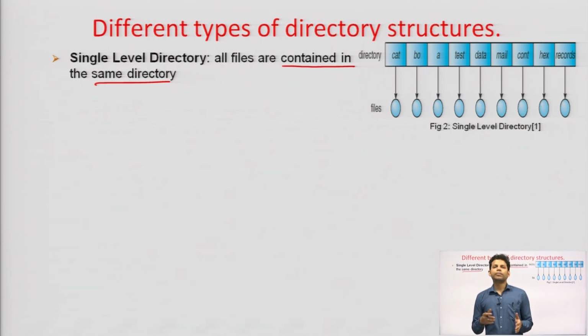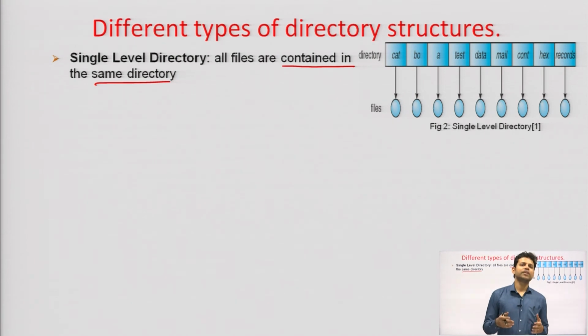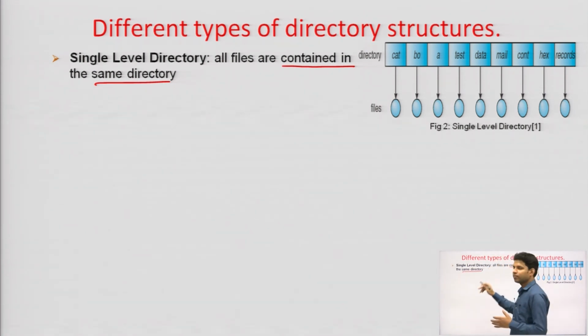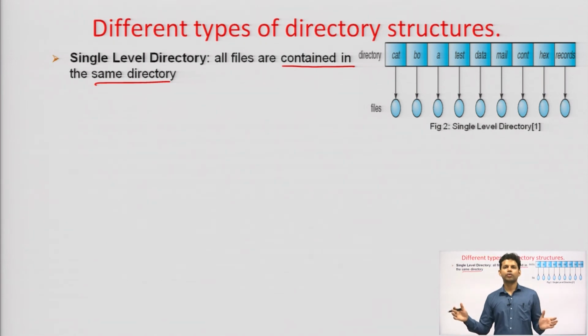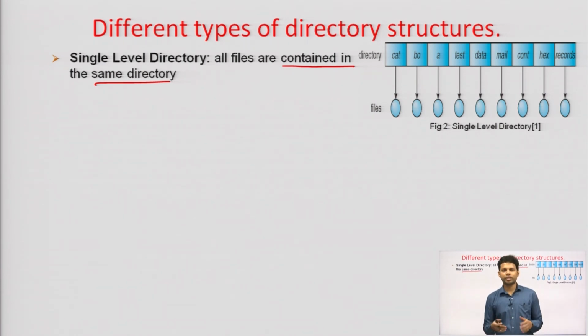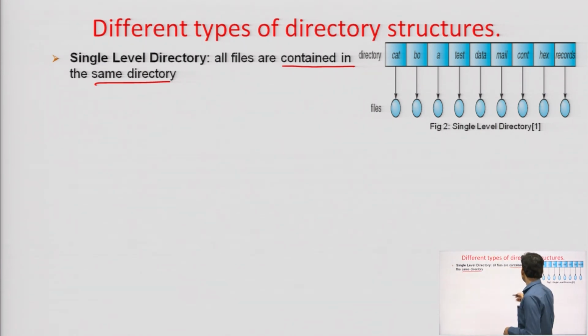It might be possible that 20 students have named their file test, and 10 students have named their file assign or assignment 1. So it is very difficult to use this directory structure. If all those students simultaneously try to copy their assignment into the same folder, they will not be able to, because the file names will clash.